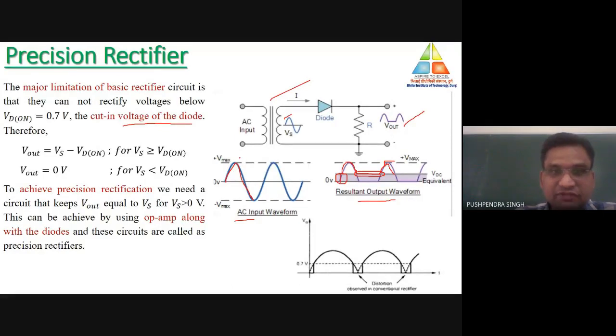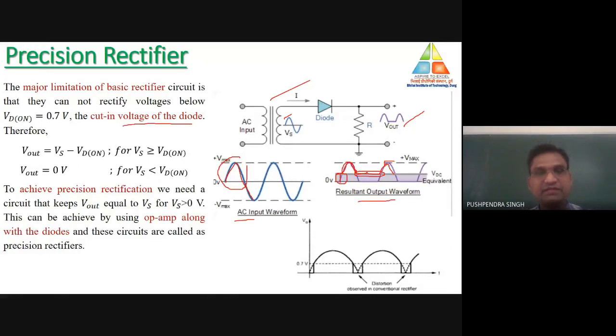This is the behavior of the actual input signal. But what are we actually getting at the output terminal of the basic rectifier circuit? We are getting the output voltage only between positive 0.7 volt and Vmax, then again down to 0.7 volt only. That means between 0 volt and 0.7 volt, we are not getting any signal.